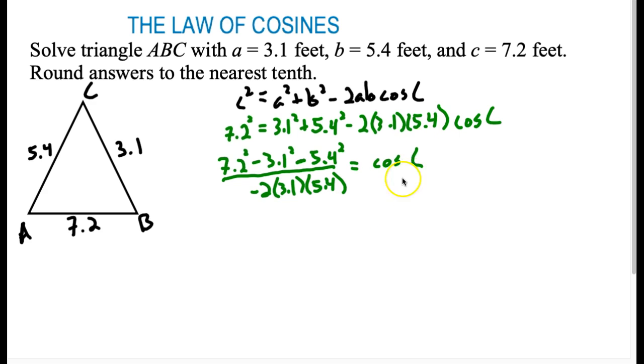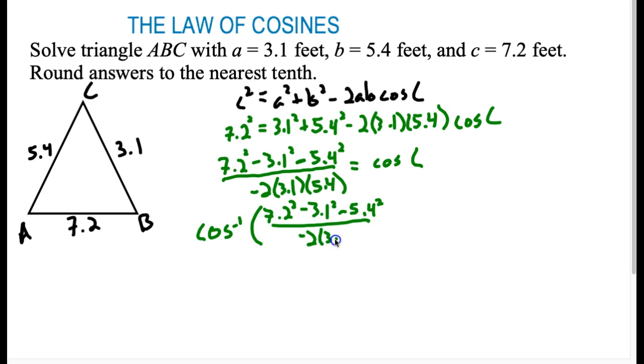So now if I want to get c by itself, I need to take the inverse cosine of all of this. So if I take the inverse cosine, it's just going to look like this: 7.2 squared minus 3.1 squared minus 5.4 squared all over -2 times 3.1 times 5.4. And that will equal angle C.